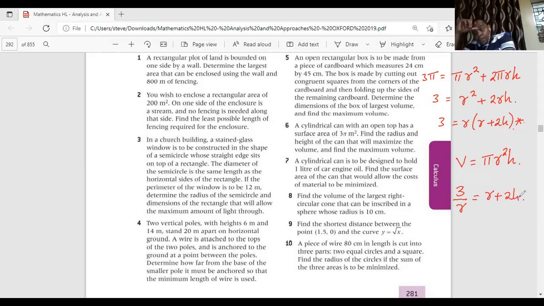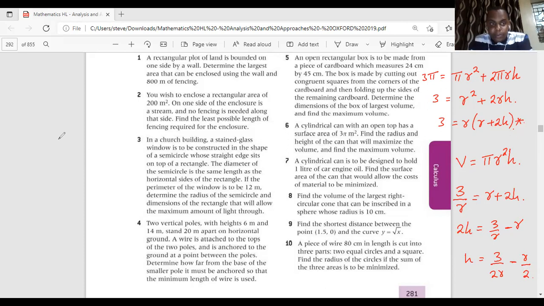Mm-hmm. And what does this mean? This means that 2h is going to be equal to 3 divided by r minus r, right? Right. And so h is going to be equal to 3 divided by 2r minus r divided by 2. Okay. Mm-hmm.